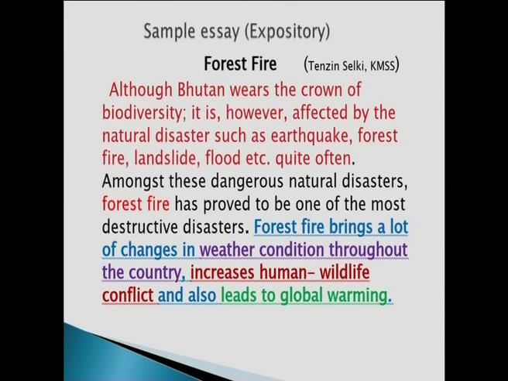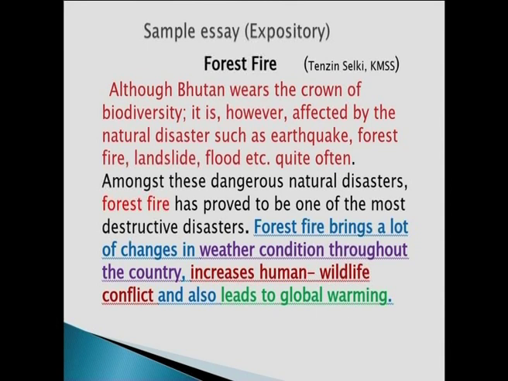The main clause or the independent clause contains the general idea. So in one sentence, this child has inserted the opening sentence as well as the general idea. And in the second sentence, she has narrowed it down, and then she has already arrived at the specific idea. And the specific idea here is forest fire. So this gives us a clue that this essay is going to talk about forest fire.